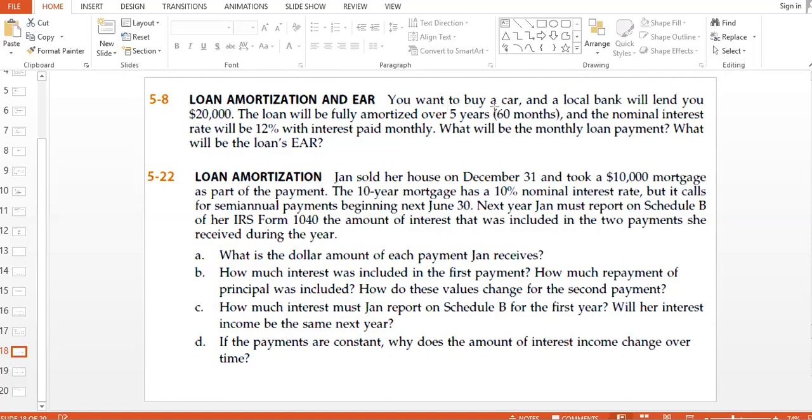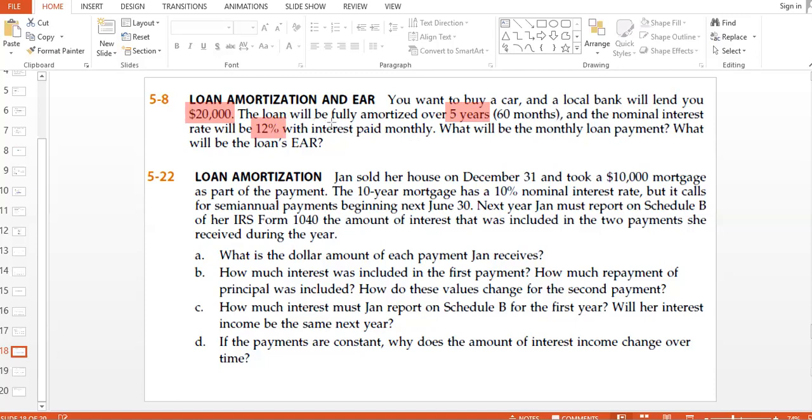You want to buy a car and your local bank will lend you $20,000. So 20,000 is your loan amount. The loan will be fully amortized over 5 years or 60 months, and the nominal interest rate will be 12%, with the interest paid monthly.